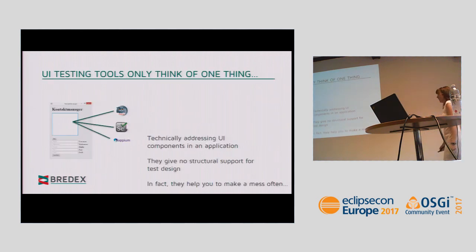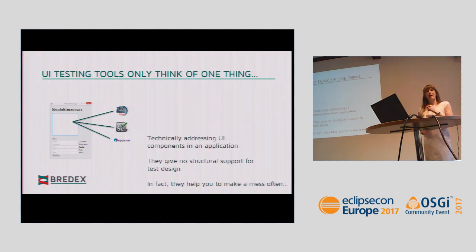So, the thing is, the testing tools themselves aren't to blame. They really only think of one thing and one thing only, and I know this 100% because I have been a product owner for a UI testing tool for the last 8 years. All that the tool is ever thinking about is how do I address that component? What is it? Is it a list? Can I select from it? How do I do that?